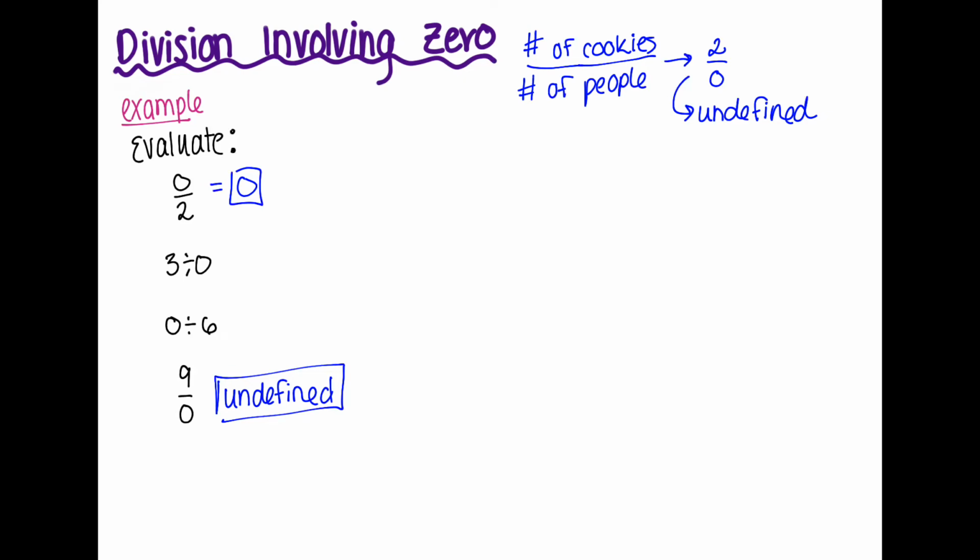It's these middle two that are a bit weird. When you're rewriting division as a fraction, the first number goes on top and the second number goes on the bottom. It's kind of intuitive. It's the way you hope it would work. So this is the same as 3 divided by 0. When 0 is in the denominator, that's when it's undefined.